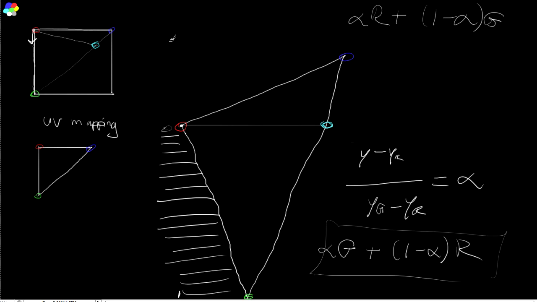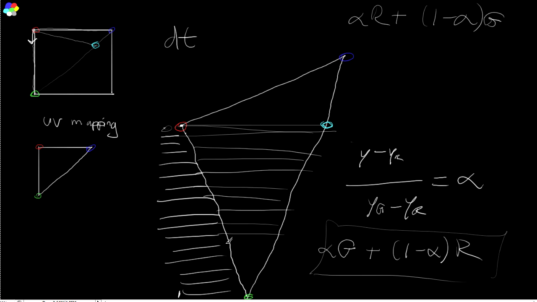We're going to call that delta T for delta texture. And then every step, because eventually what we're going to want to do is draw this triangle scan line by scan line, marching down in the y direction. For every time we march down to a new scan line, we're just going to take our previous starting value t and add dt to it to give us our new t, which would be t primed or whatever you want to call it.